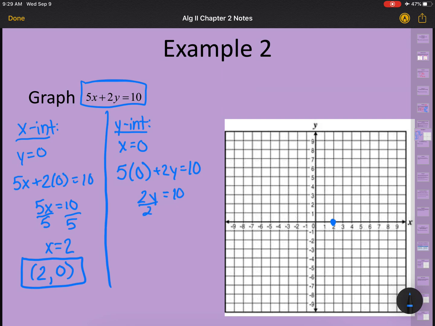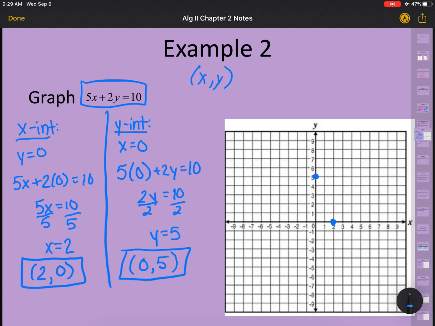To get rid of that 2y, I need to divide by 2. So y is 5. But again, these are points on the graph. If I always use xy as a point, or an ordered pair, 0 was the x value that we plugged in, and we got back out 5 for the y value. So I can graph 0, 5.